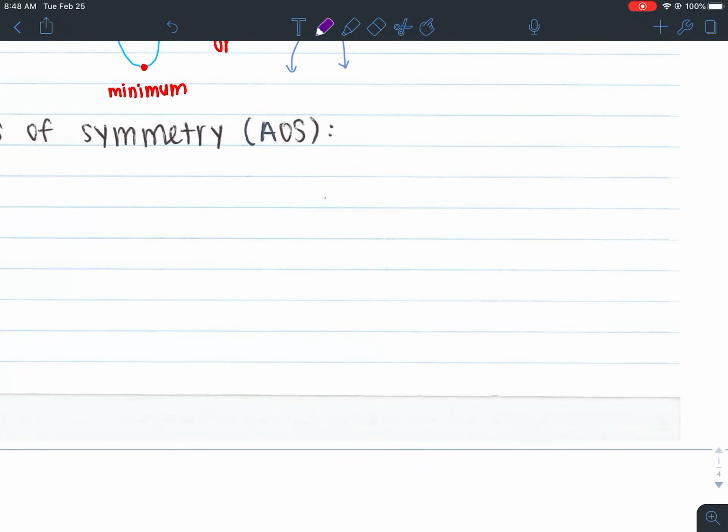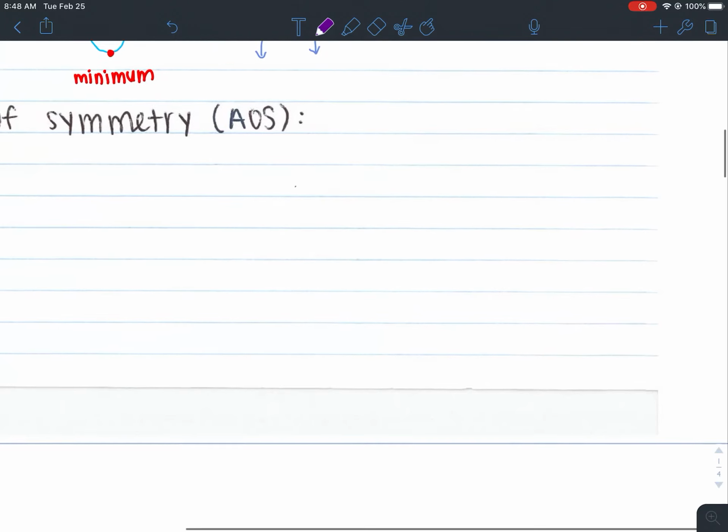Back in middle school and in elementary school, you guys drew lines of symmetry. So if I gave you a heart and I asked you to draw a line of symmetry, you'd be like, oh, I would draw a line down the middle like this. Why wouldn't you draw a line in the middle this way? Because it doesn't cut it into equal halves, right? So when you're drawing a symmetry line, you want to cut it into equal parts.